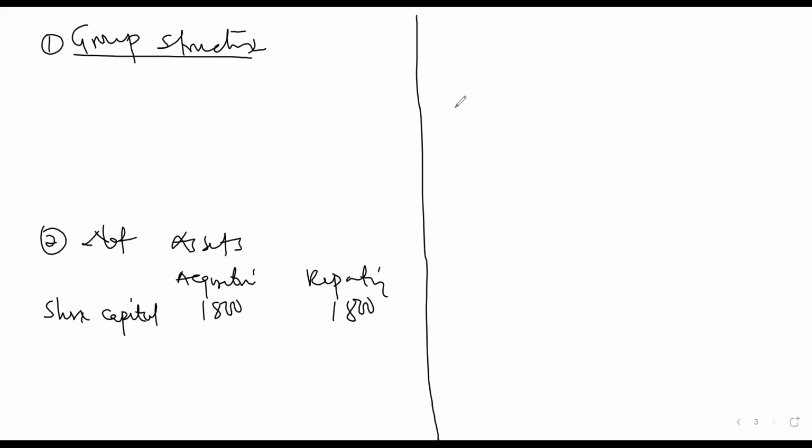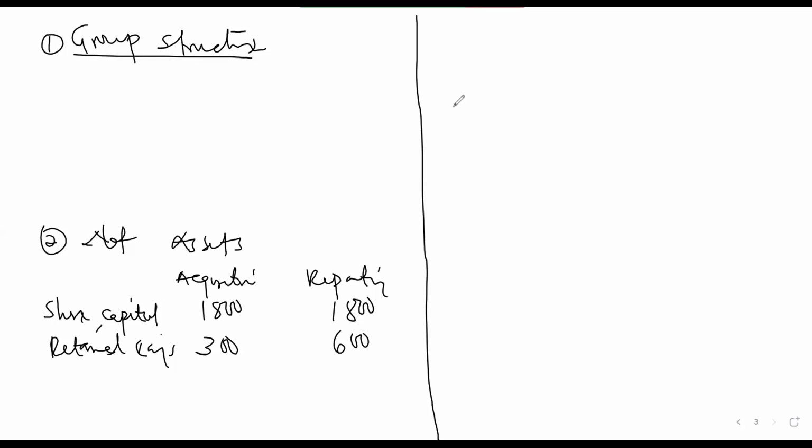Yes. Okay, what is their retained earnings at acquisition? 300. Okay, I hope they have given that one to us in the footnotes. Reporting is what? 600. Okay, so there's a post-acquisition profit of 300 if there is no post-acquisition adjustment.